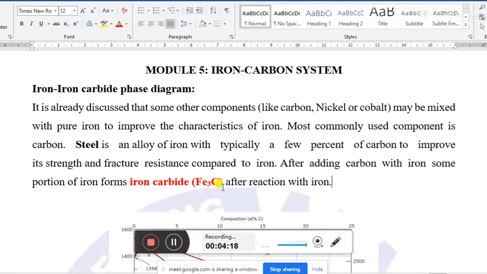In the previous classes when we studied the phase diagram, we learned that there are two types of phase diagram. One is the one component phase diagram and one is the binary phase diagram or two component phase diagram.